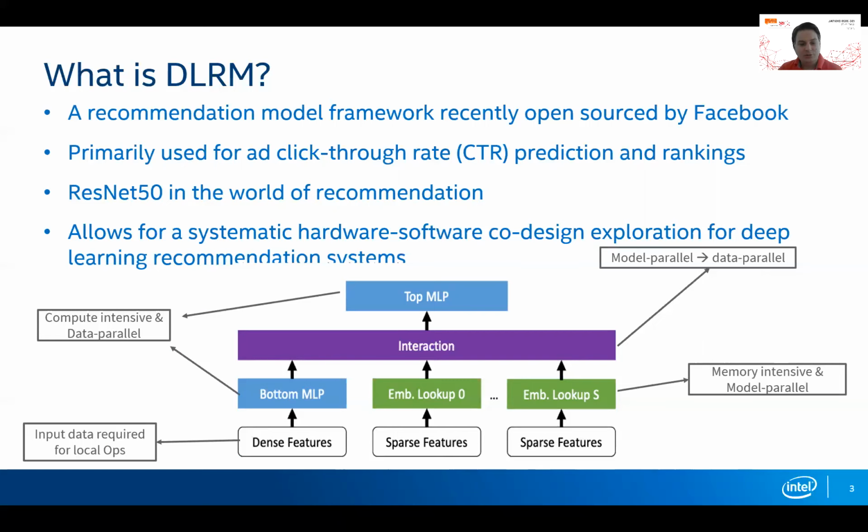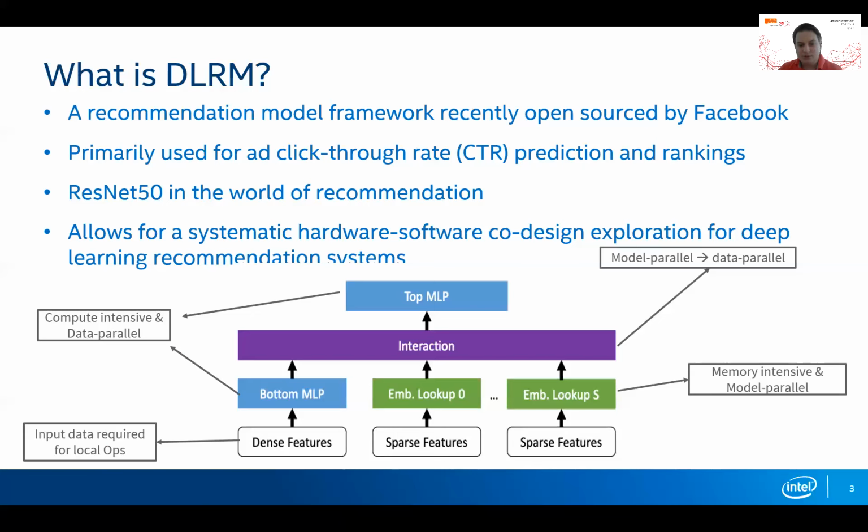The dense features are fed into a relatively small multi-layer perceptron, which requires computationally intense operations and data parallel optimizations. Instead, the embeddings are memory intense and model parallel. These are lookups into huge tables which can span multiple gigabytes, if not even terabytes of data.